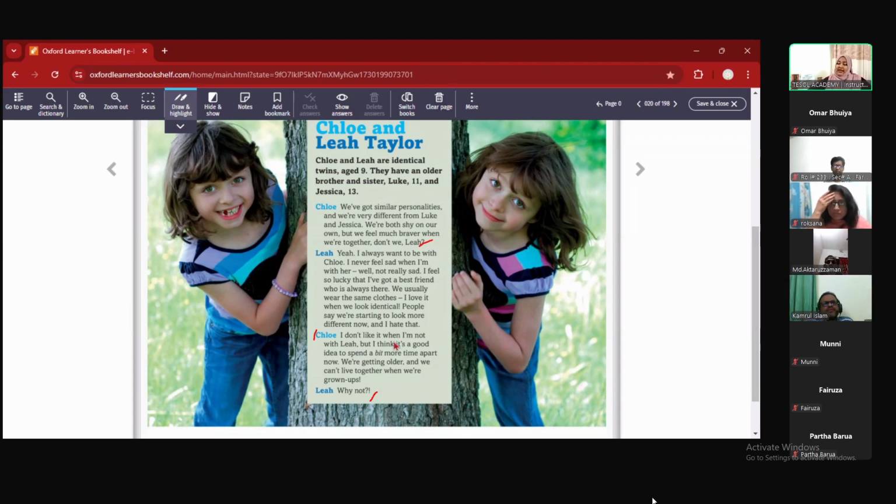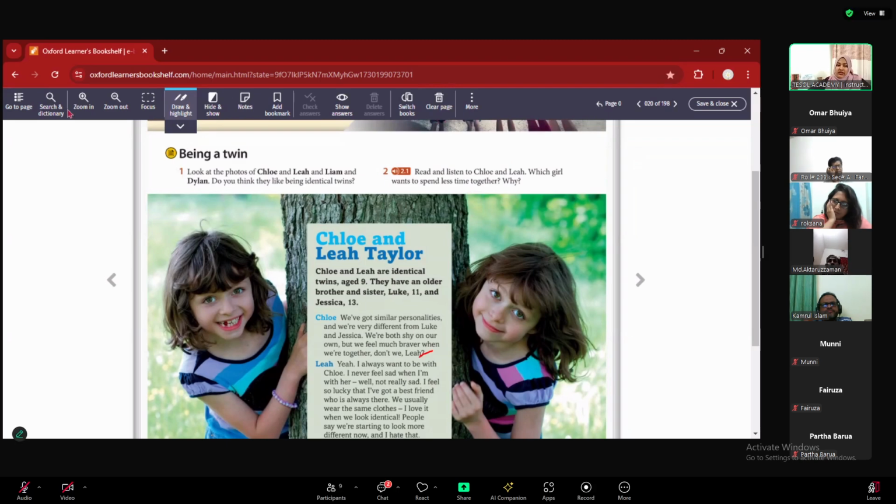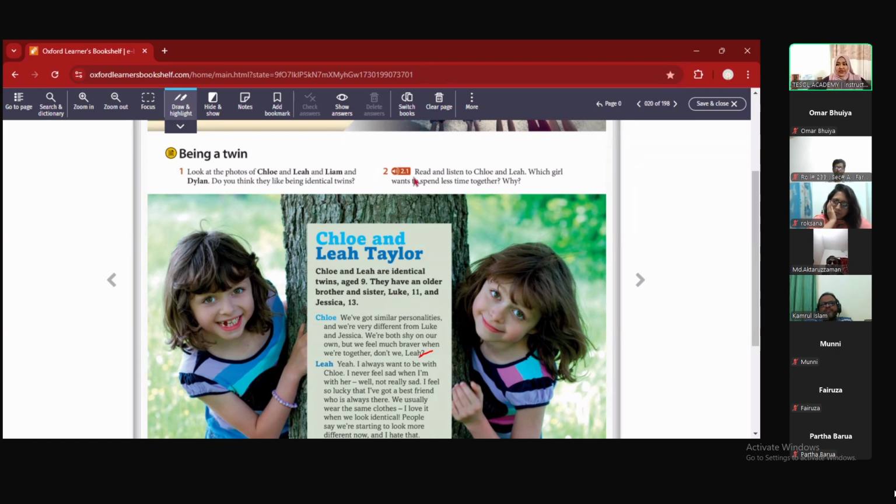So which girl wants to spend less time together? I just said it, but I'm asking you again. Which girl among Leah and Chloe do you think wants to spend less time together, Mr. Kamrul? Which of the girls, Chloe or Leah, wants to spend some time apart?